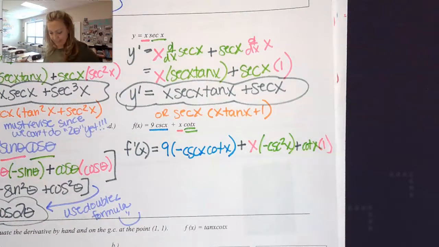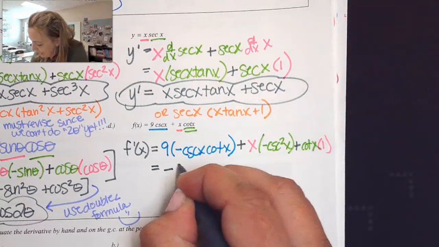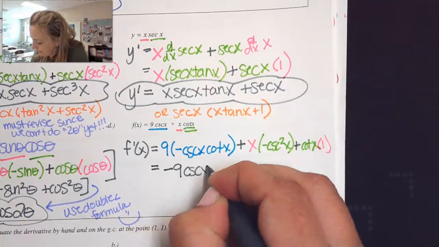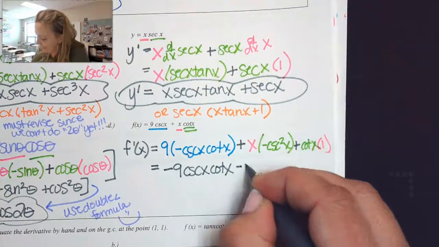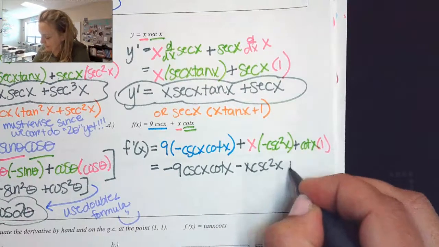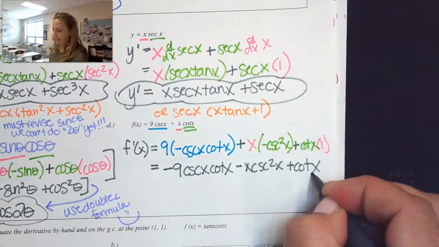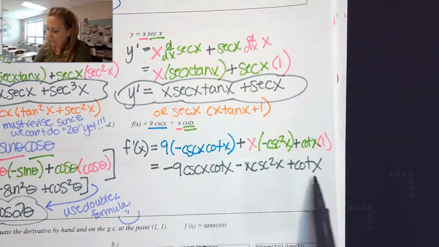So now let's clean this up a little bit. I would just rewrite this as the opposite of 9 cosecant x cotangent x minus x times cosecant squared x plus cotangent x. And we can't really combine any like terms here, right?